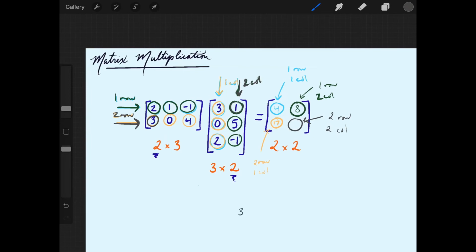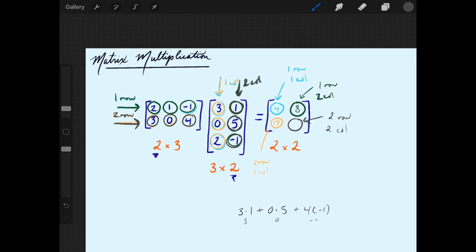Our first multiplication problem is 3 times 1. We're going to add to that the product of 0 with 5. And to that, we'll add the product of 4 with -1.